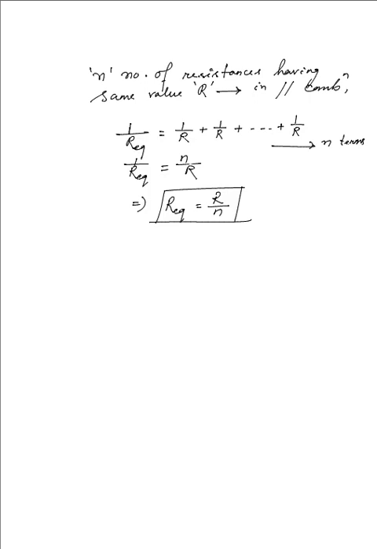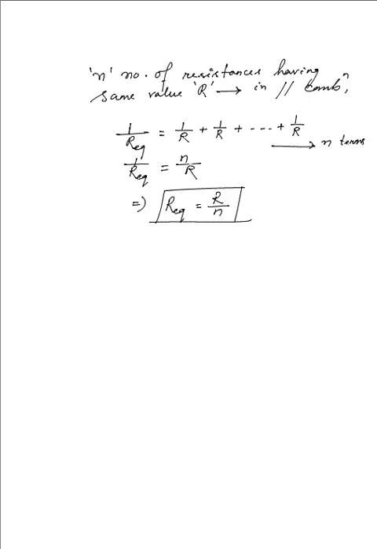So in case of parallel combination, the equivalent resistance is always lesser than the least resistance present in the circuit, while in case of series combination, because of the algebraic sum of the resistances for equivalent resistance, we have the equivalent resistance greater than the highest value of resistance available in that circuit.